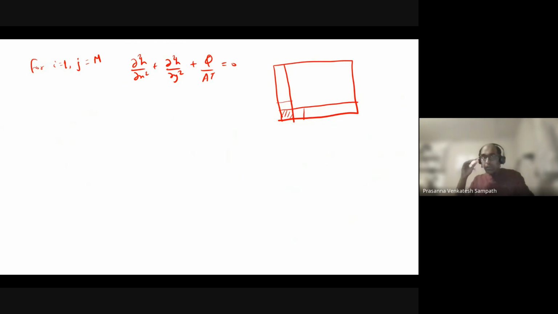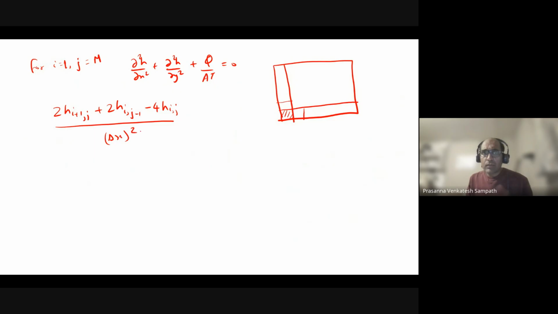Now this del square h by del x square plus del square h by del y square term will have 2 times h i plus 1 comma j plus 2 times h i comma j minus 1 minus 4 h i comma j, divided by delta x square, plus q divided by a into t equal to 0.